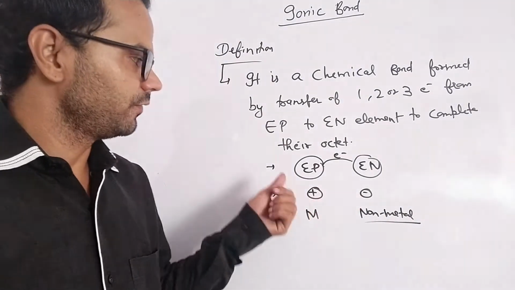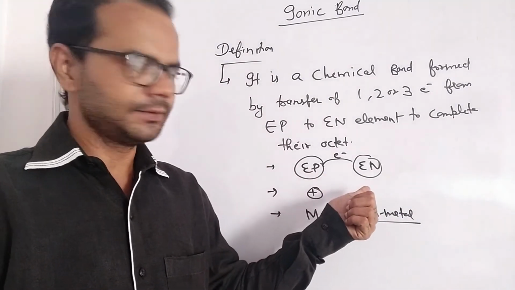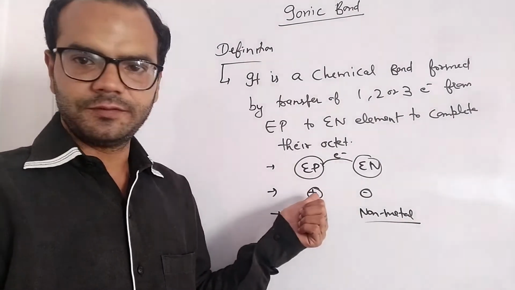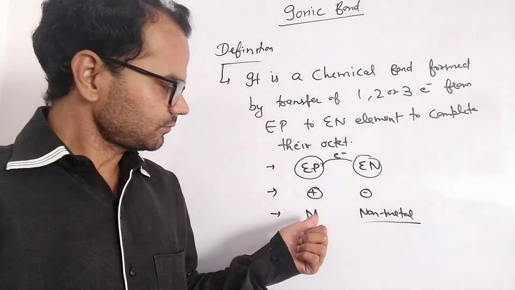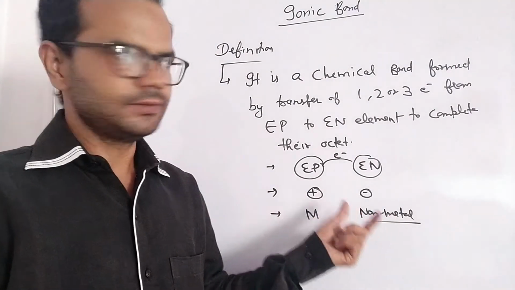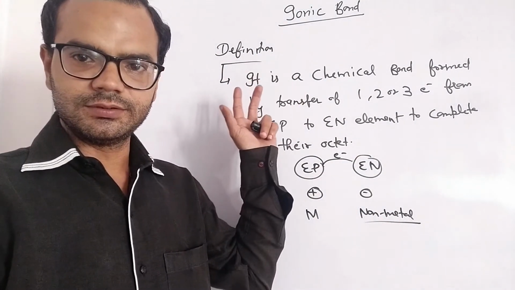The bond formed between electropositive and electronegative element, second we can say the bond formed between cation and anion, or third the bond formed between metal and non-metal is called ionic bond.